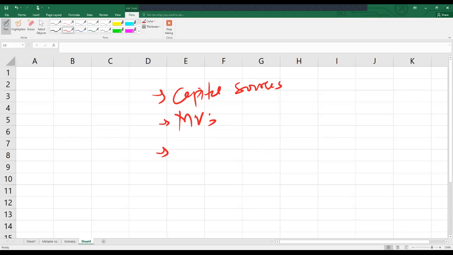Next is to identify the cost of capital from each one of them. And lastly, we get the weighted average cost of capital of the company. Those are the steps that we follow.